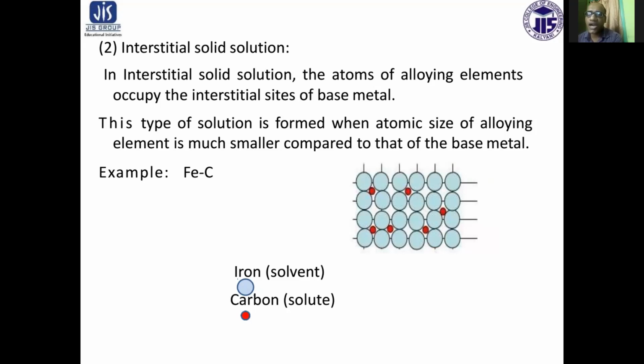For example, iron and carbon. Here iron is the solvent and carbon is the solute. As shown in this figure, the carbon atoms are so small that they can fit in between the iron atoms, and this is an example of the formation of an interstitial solid solution.